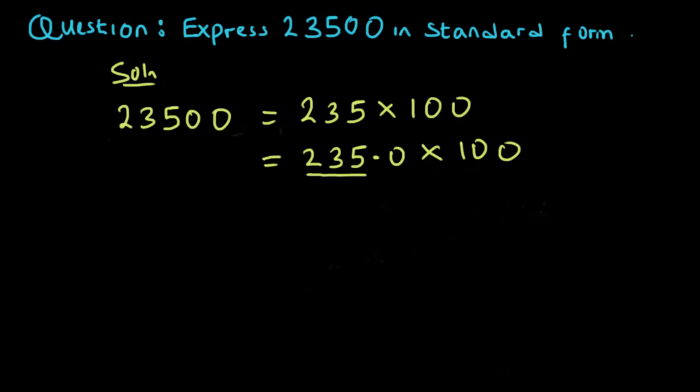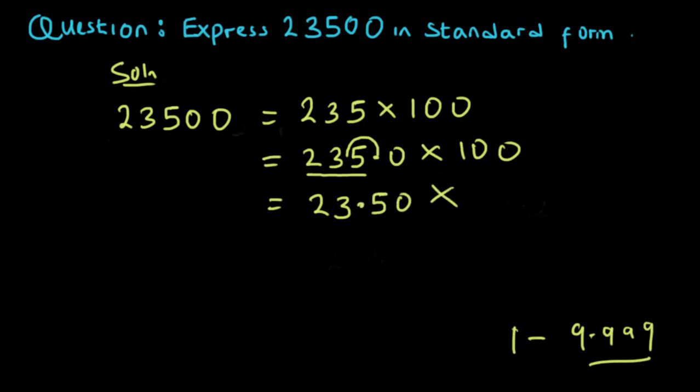Now 235.0, remember our a must be between 1 and 9.999, and 235.0 is bigger than 9.999. So we move the decimal point to the left one time. So we are going to be having 23.50 times, now because we move the decimal point to the left once, we add another 0 to 100. So we'll be having 1000.